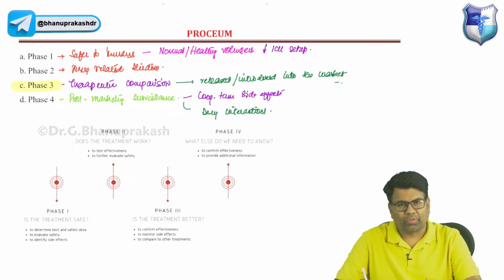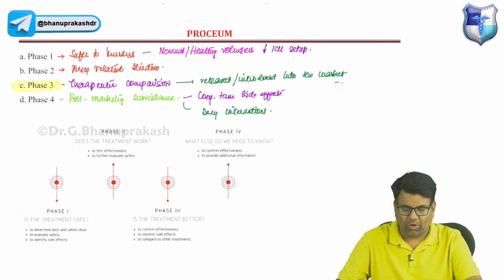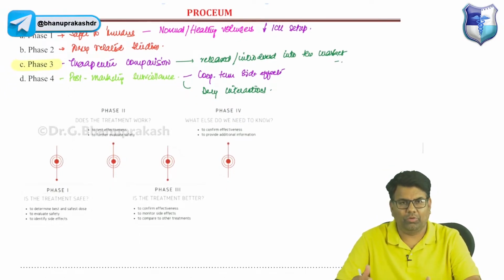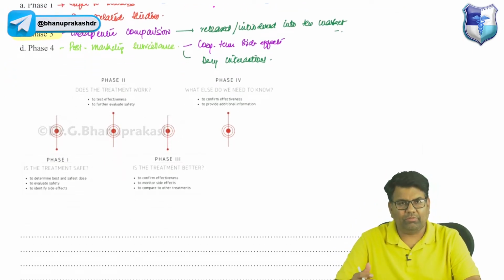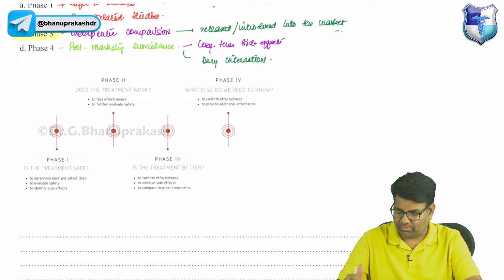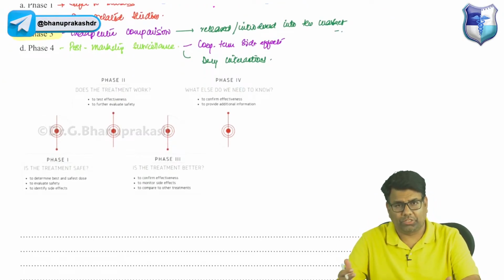Once this is done, we go to phase 2, which is done on a small segment of patients, and we do all drug related studies, like in what dose and frequency the drug will be more beneficial. And in phase 3, we will compare it with the already available options in the market.